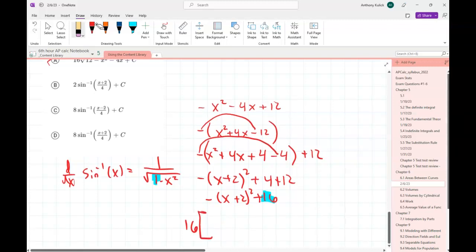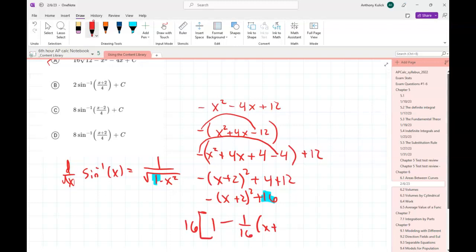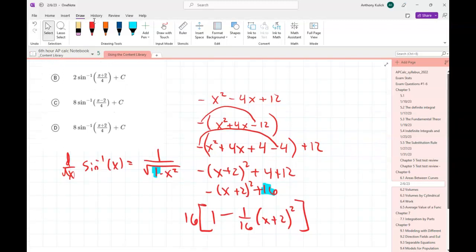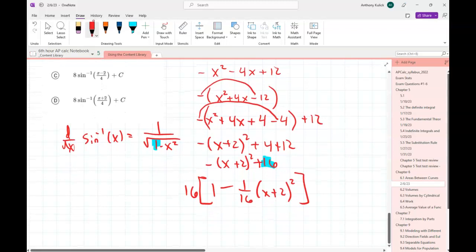Now when I factor a 16 out of that, that's the same thing as dividing by 16, or really multiplying by 1 over 16. Everybody's okay there? Okay. And what do you notice about 16? It's a perfect square, right?